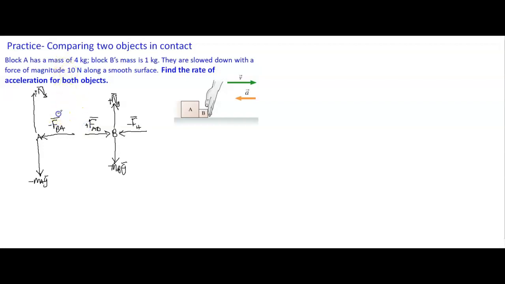Again, these two forces are the same magnitude forces. They're just in opposite directions. So just like in the last problem, we're going to call both of these forces force AB. Okay, just the same magnitude. I'm going to remove the vector sign from that. So they're the same magnitude.